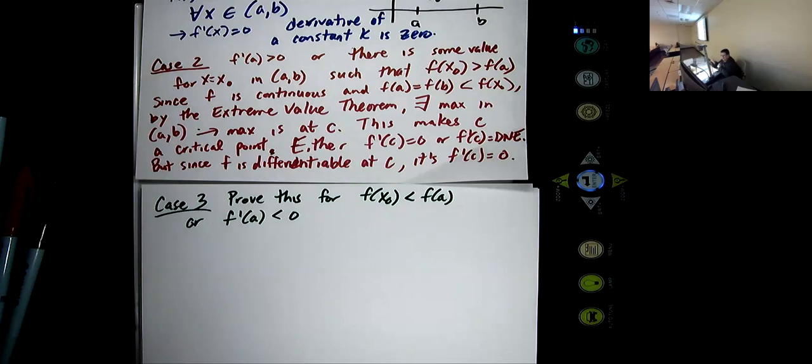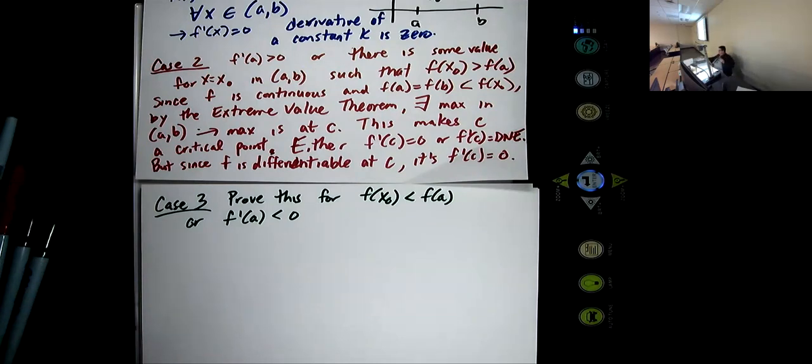In fact, take a couple minutes right now and do it. It's similar to case 2, but gives you some practice doing it. Try to write the proof for case 3 using case 2 as a model. Here we're looking obviously for something that's lower, so therefore a minimum.